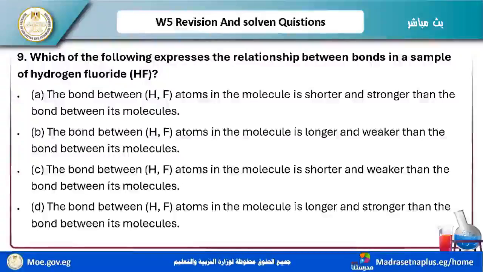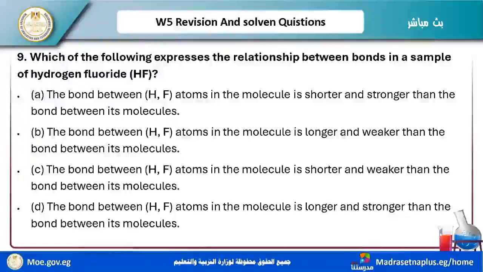Now, which of the following expresses the relationship between bonds in a sample of hydrogen fluoride, HF? The bond between H and F atoms in the molecule is shorter and stronger than the bond between the molecules.